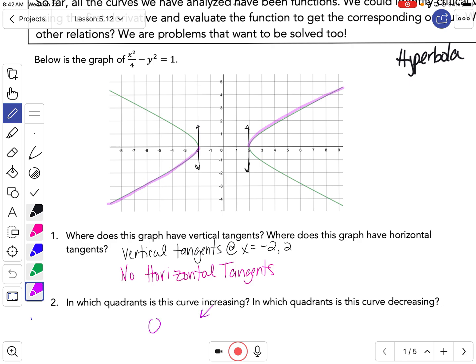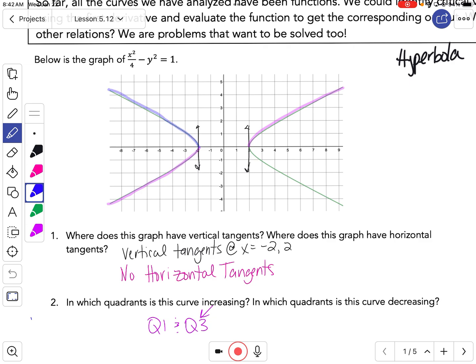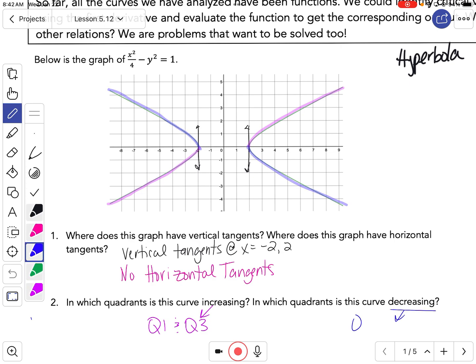Quadrants 1 and 3. And if we're looking for where it's decreasing, quadrants 2 and 4. So it's decreasing in quadrant 2 and quadrant 4.